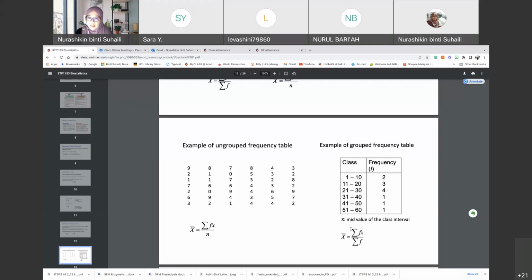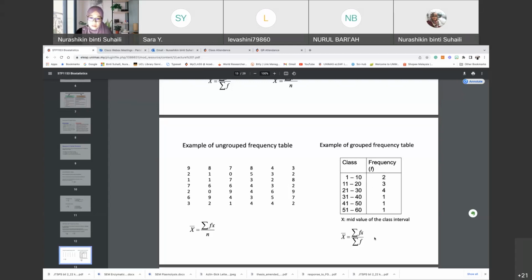So how to find the mean? You have to include the mid value here: the mid value of the class multiplied by the frequency, divided by the total frequency.